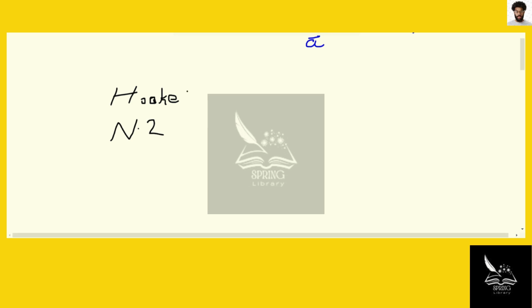So Hooke's law is the force on a spring is equal to negative K, the spring constant, times X, the displacement from equilibrium. And Newton's second law is force equals mass times acceleration.